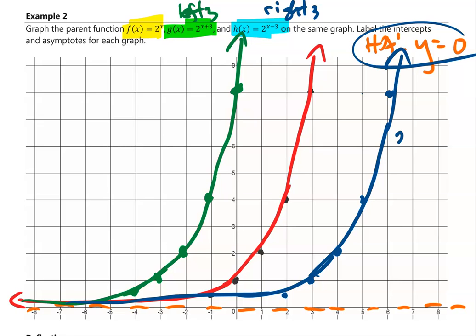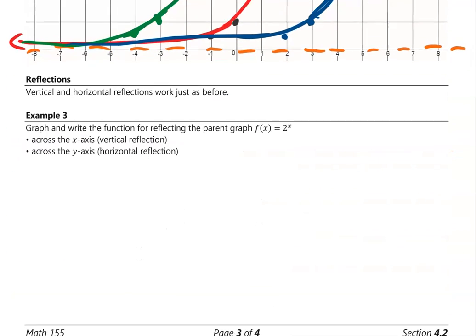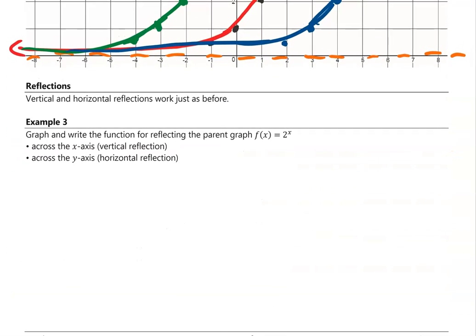So this is 2 raised to x minus 3. This is 2 raised to x plus 3. And this is 2 raised to x. Okay. So reflections, vertical and horizontal reflections work just as before.